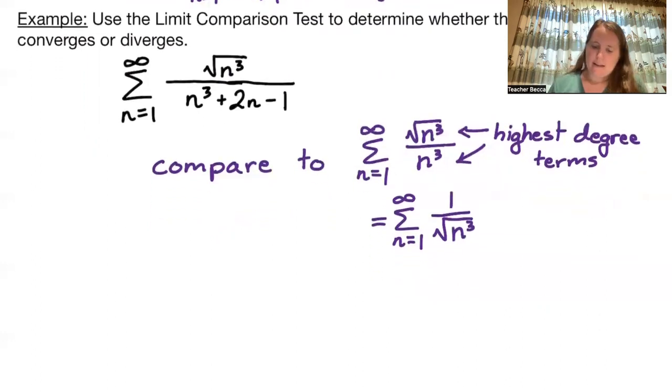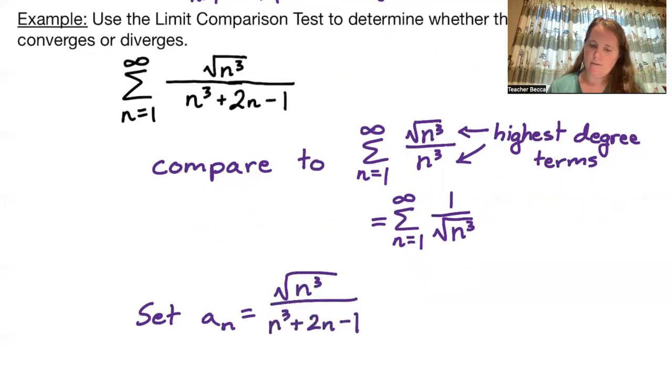So we can take our a sub n to be that square root of n cubed over n cubed plus 2n minus 1. We can take our b sub n to be 1 over the square root of n cubed, otherwise known as 1 over n to the 3/2.